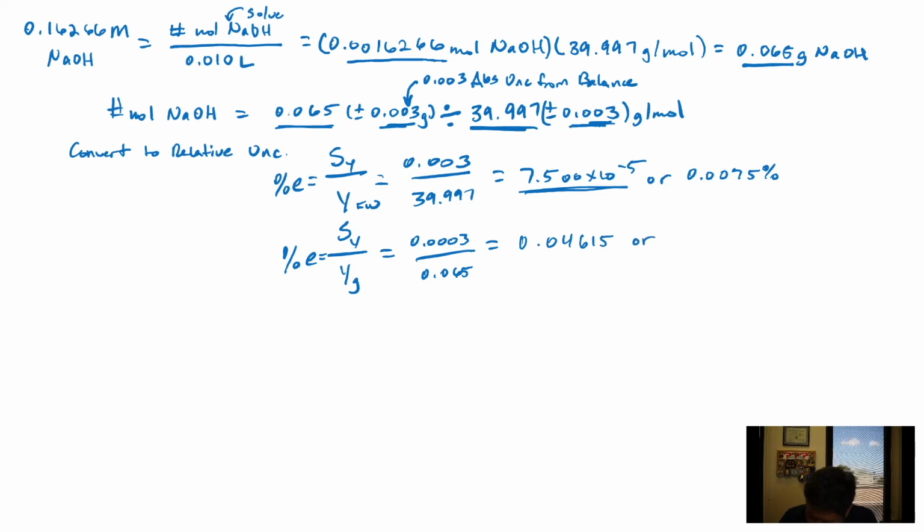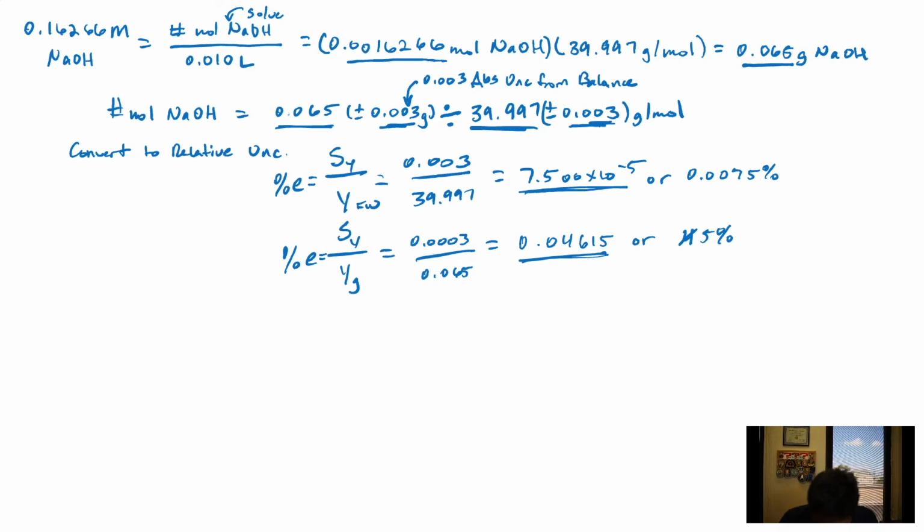Or if you wanted to report that, that's about a 5% uncertainty. But it doesn't matter, because we're going to be using this number right here for our calculation. Cool. So now let's see what the uncertainty is associated with the entire number of moles.